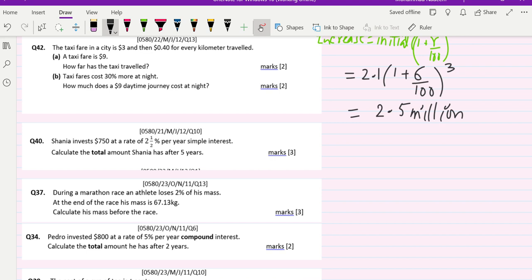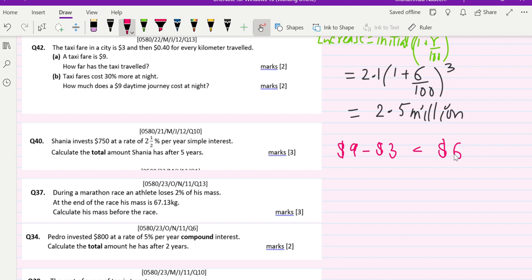So first of all, subtract the fixed cost from the total fare. So the total fare is $9. Subtract the fixed cost, which is $3. So you will be left with $6. Now these $6 will be divided by the amount for every kilometer.